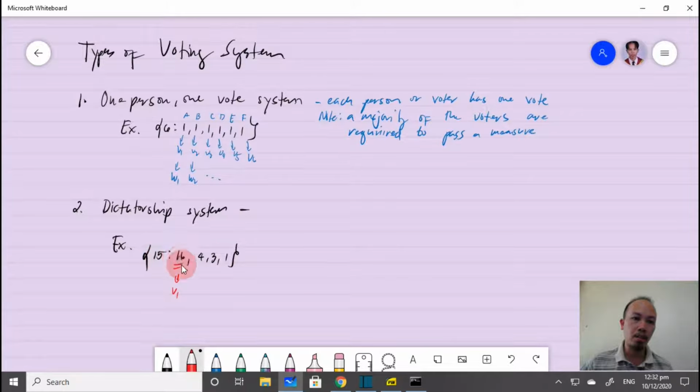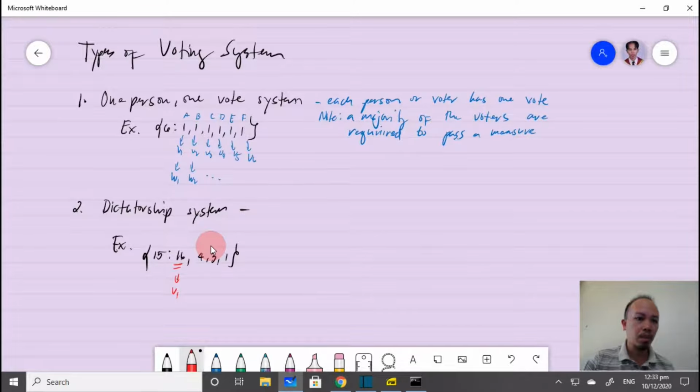Another way of interpreting this type of voting system is that if this voter is absent, then no matter what the remaining voters do, they cannot pass a measure. This is what we call a dictatorship system.